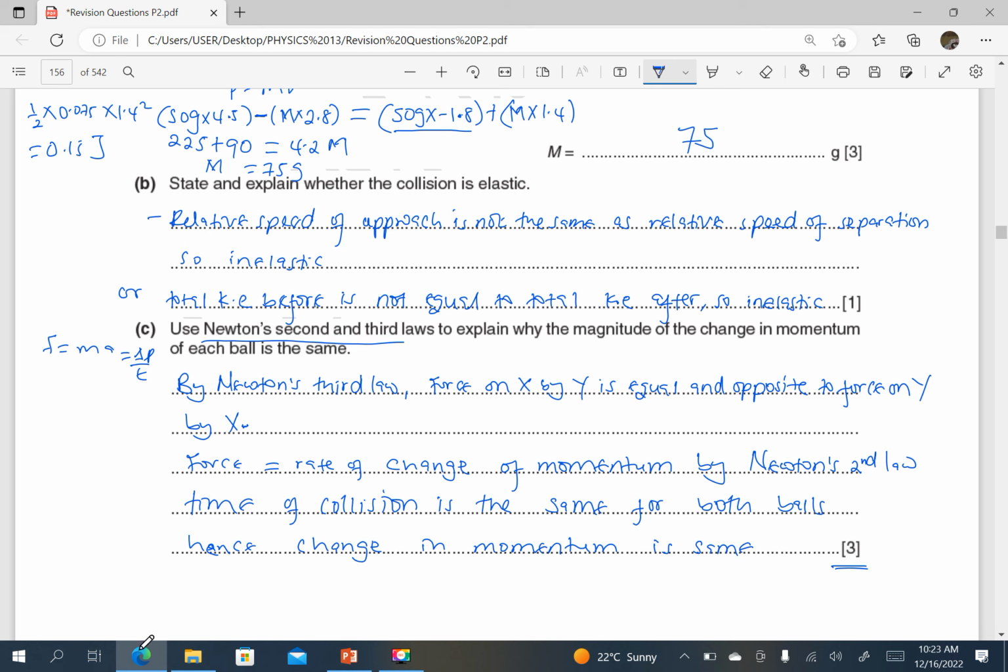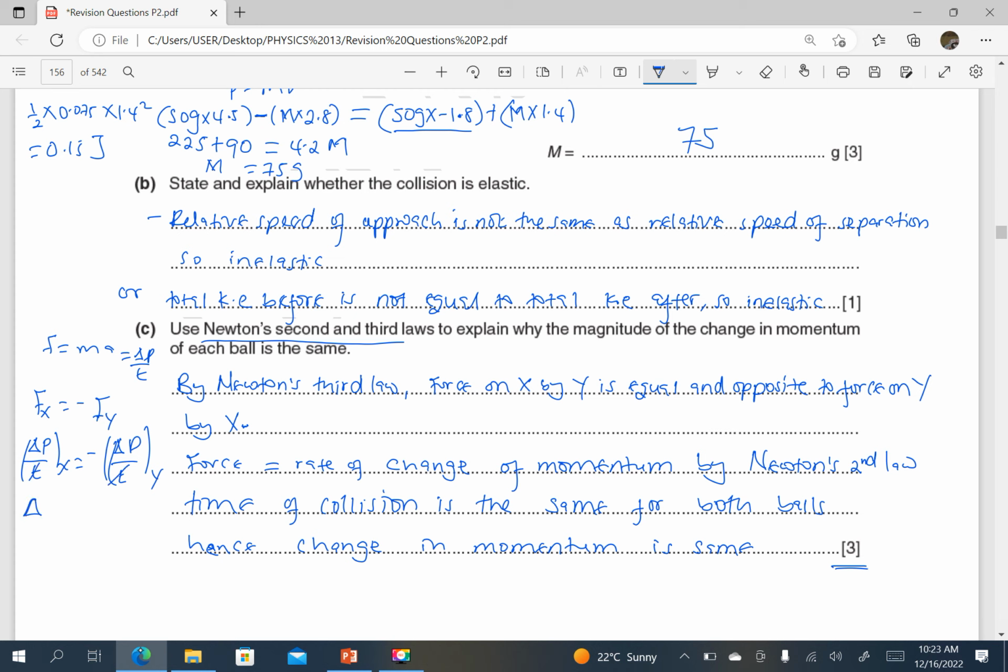It is very easy to notice: by Newton's third law, the force on X is equal but opposite to the force on Y. And remember, force is the rate of change of momentum. That means the rate of change of momentum of X is equal to the negative rate of change of momentum of Y. And remember, the time is the same, so time cancels out.